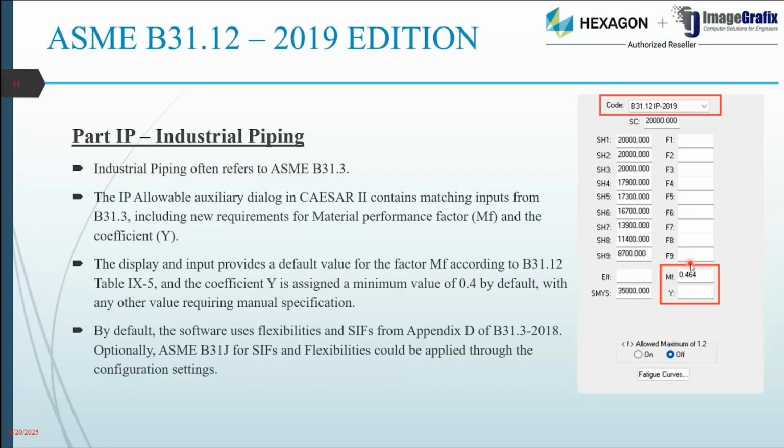Optionally, B31J SIFs and flexibilities can be applied through configuration settings. The optional use of B31J SIFs and flexibilities is not applied by default, but in consultation with your end customer, who is the actual decision maker. That's one thing you have to be very careful with. But by default, the software always uses the B31.3 2018 edition Appendix D only.